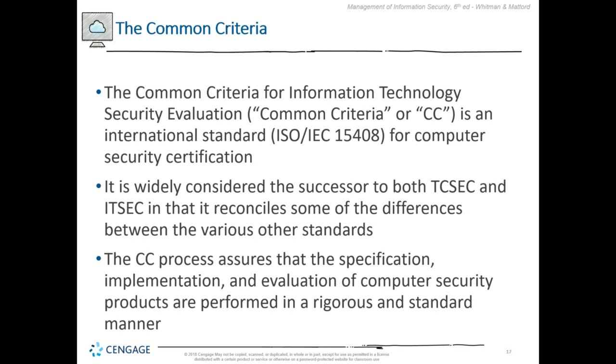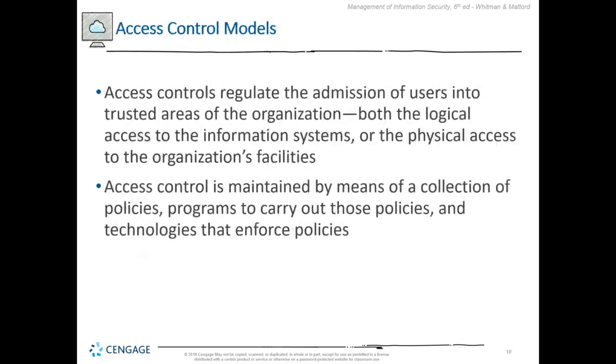Your security target is the document describing the TOE's security properties. The security functional requirements, it's a catalog of product security functions. And the evaluation assurance levels. That's the rating or grading of a TOE after it's been evaluated. So there's some of the terminology you should be aware of.